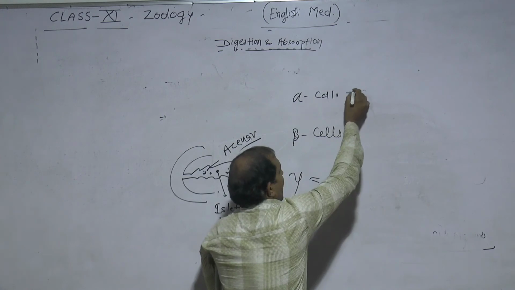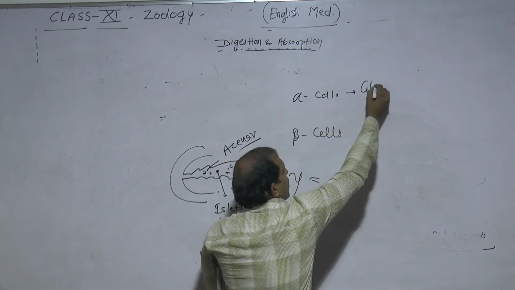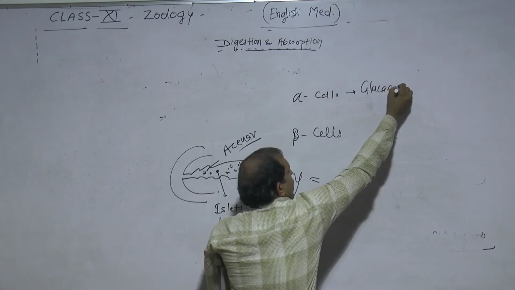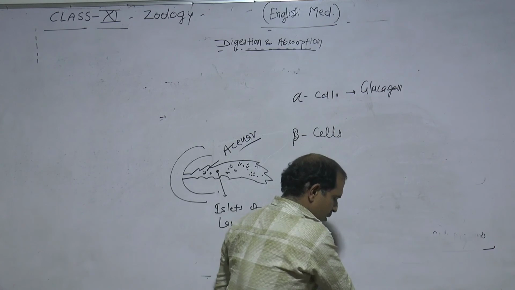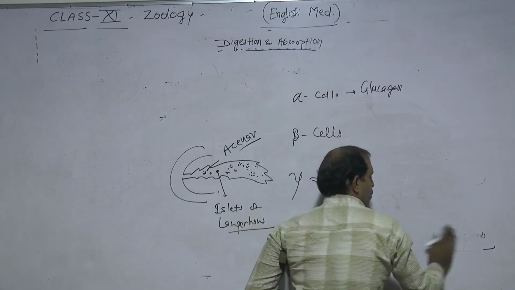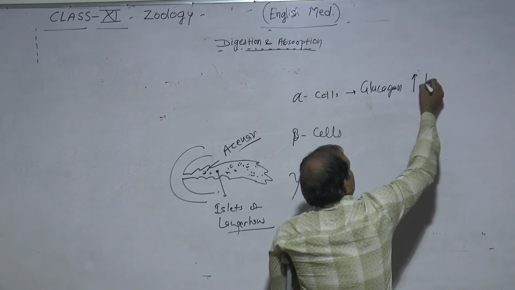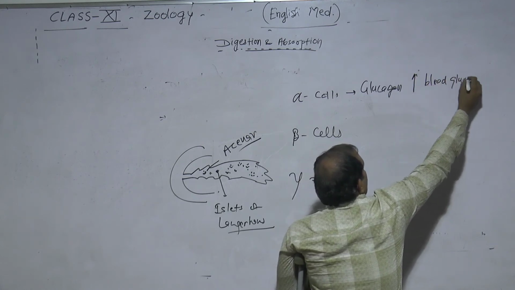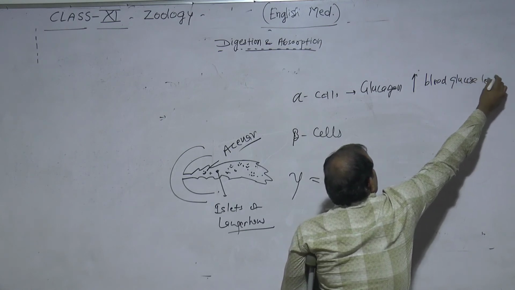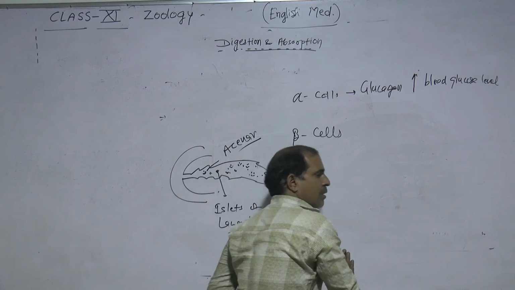First one is alpha cells. Alpha cells secrete glucagon hormone, and the function of glucagon is to increase blood glucose level.